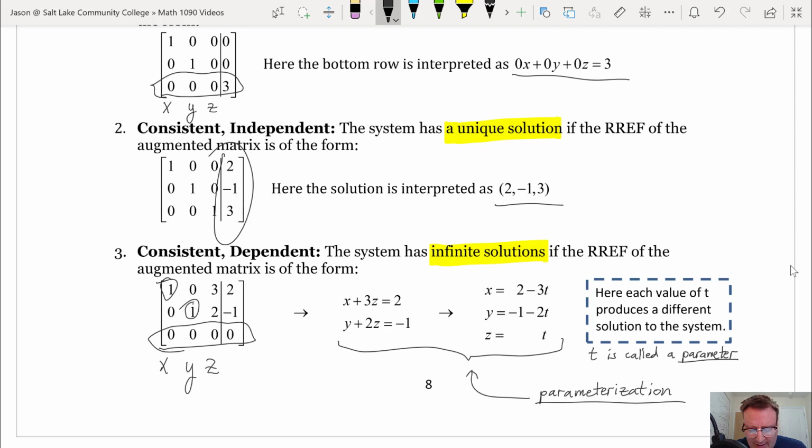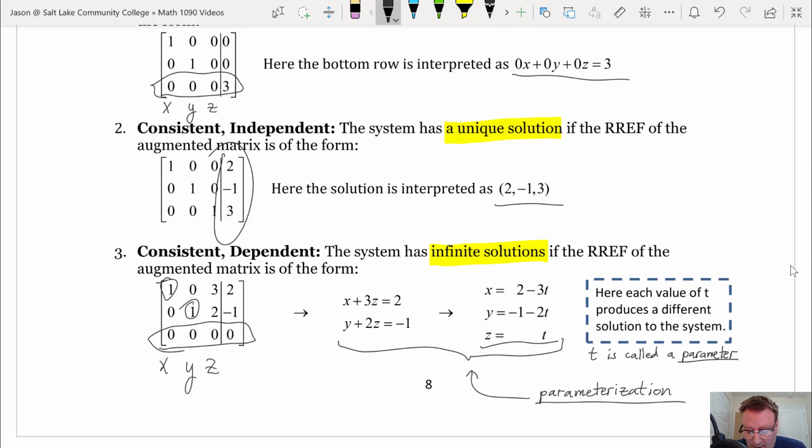We take the parameterization variable, which in this case is z, and the constants, and we solve each equation so that the parameterization variable and the constants are all on the right hand side, and the non-free variables are still on the left. Okay? And then we add to this the parameterization equation, z equals t.